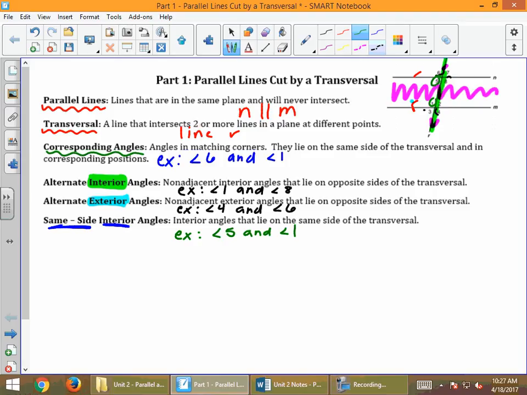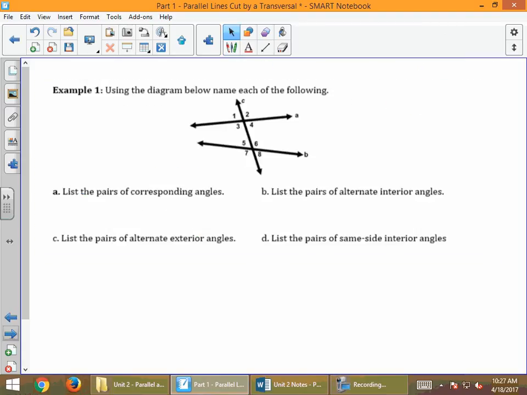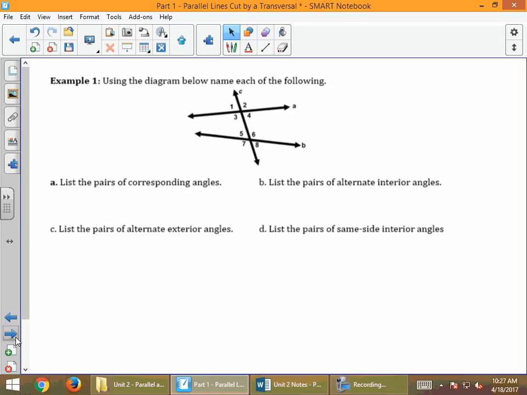In this next section, we're going to kind of apply those vocab words. So in this first example, it says, using the diagram below, name each of the following. So really similar to what we just did. So A, it says, list the pairs of corresponding angles. Well, remember, corresponding sit in the same corner.